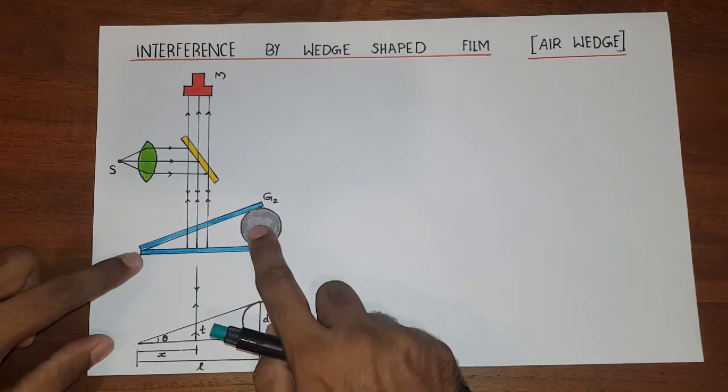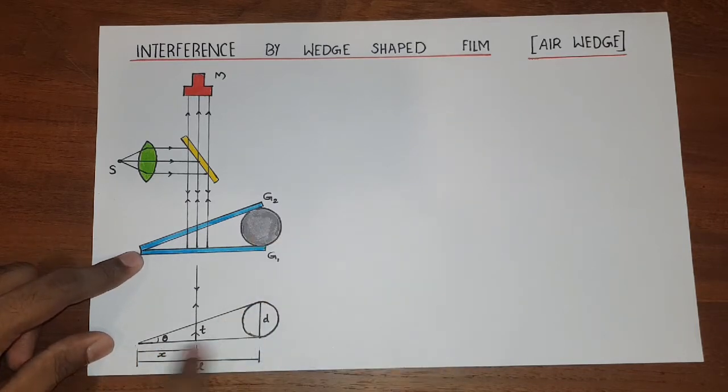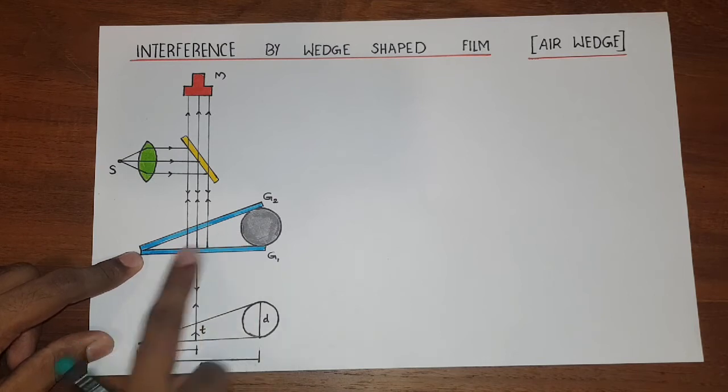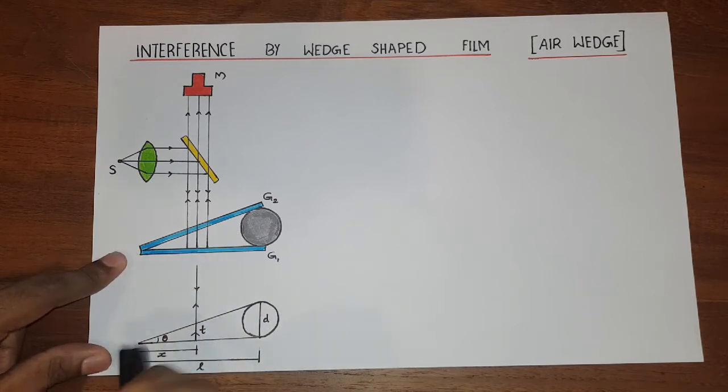It is the same air wedge that I have drawn below. I have just drawn the geometry of the air wedge here. Suppose the angle between these two glass plates is theta, and this theta will usually be very small, and the diameter is d.